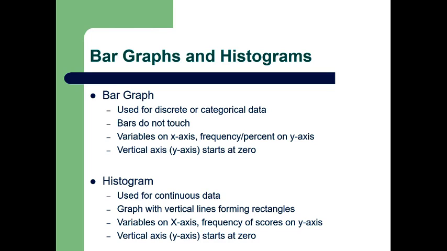In the bar graph, bars do not touch, but in the histogram, the graph has vertical lines forming rectangles that touch. In both the bar graph and the histogram, the variables are on the x-axis and the frequency is on the y-axis. Also, the vertical axis, the y-axis, starts at 0.